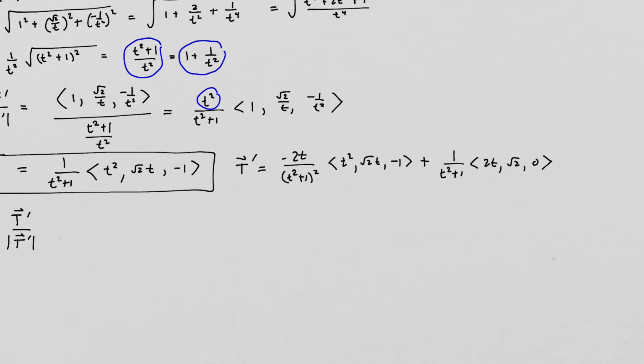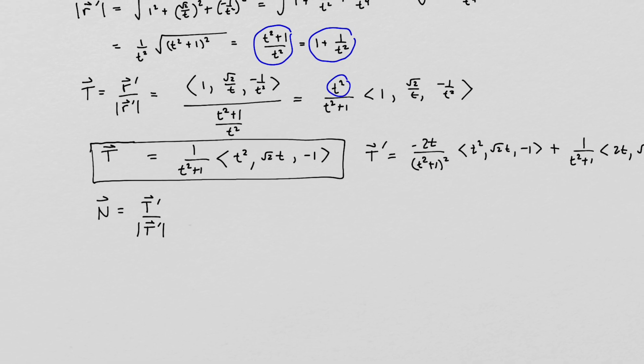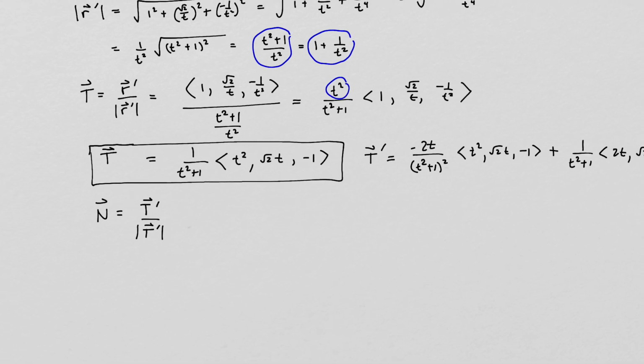Now, rather than try to simplify this, since they just want the normal vector at the point given, I'm just going to go ahead and plug in the value of t. So let's recall we were doing this at the point 1, 0, 1, and the first parameter was t, so we know that t is equal to 1. So I'm going to go ahead and plug in 1 into T prime.